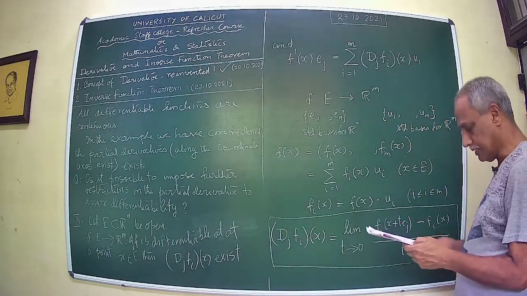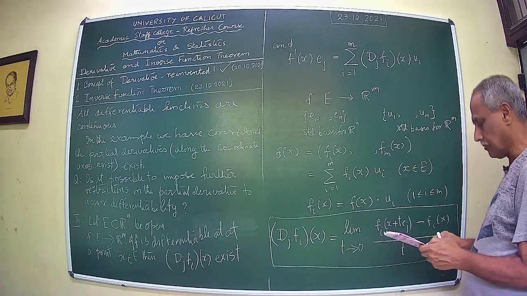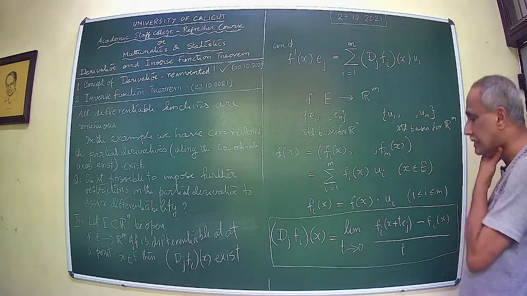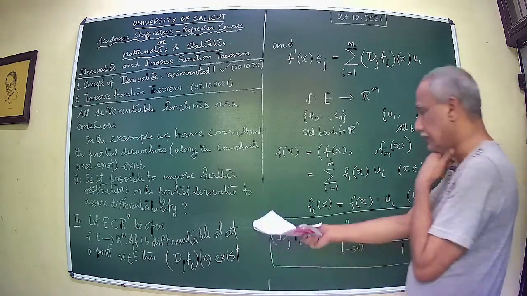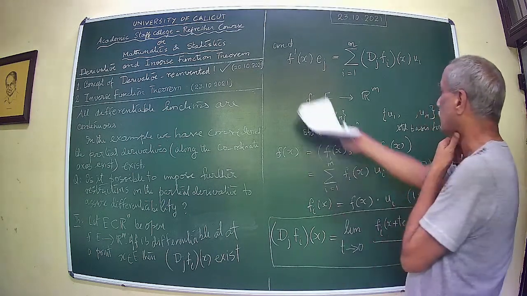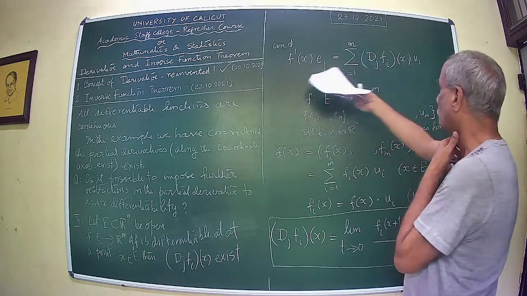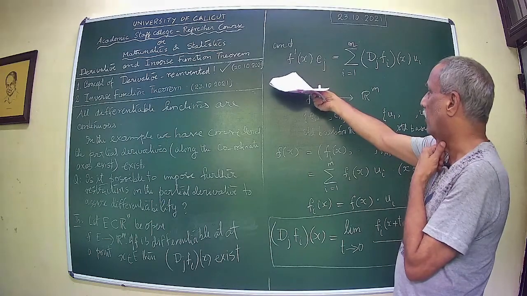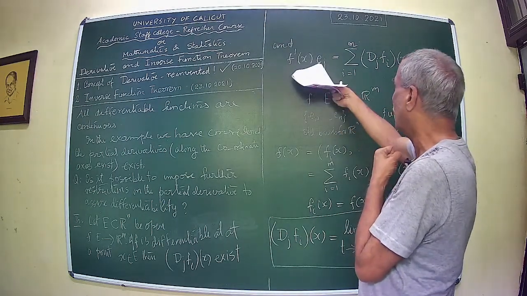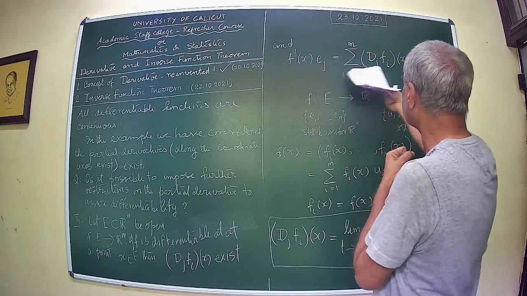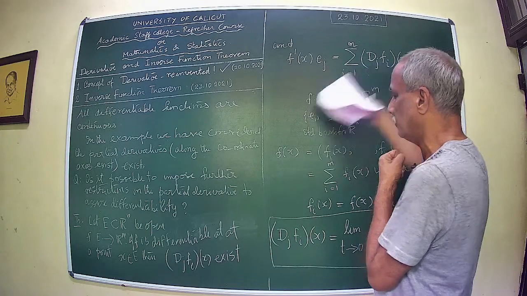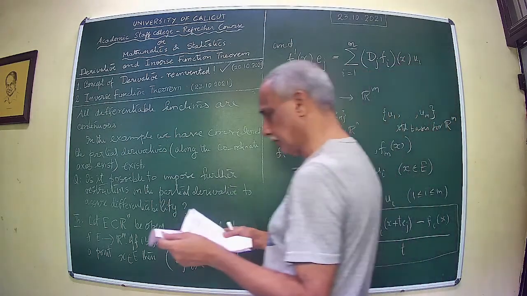So what we say is that if the function is differentiable, this is what the theorem says, then the action of f derivative of x, which is a linear transformation, on e_j is given in terms of the partial derivatives. That is the theorem that you have.